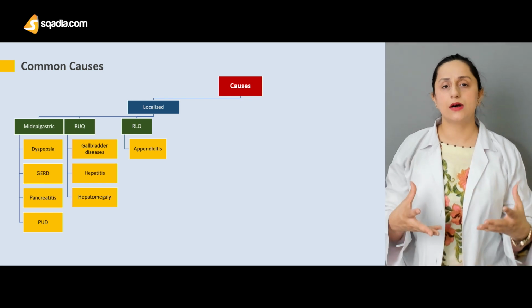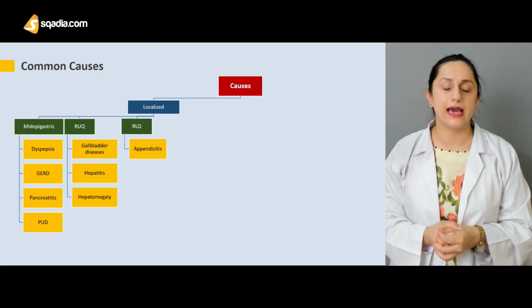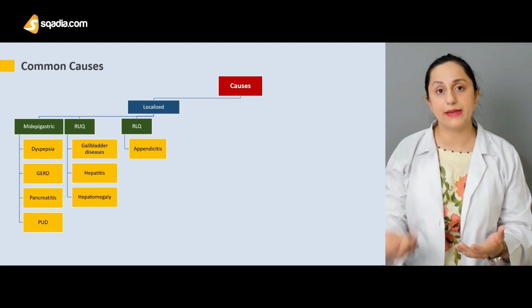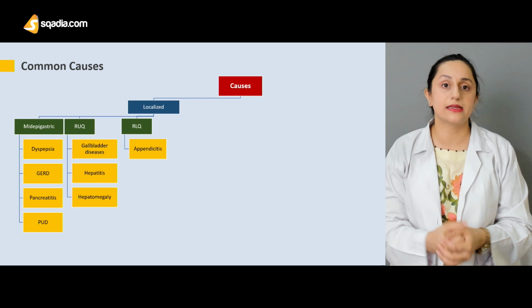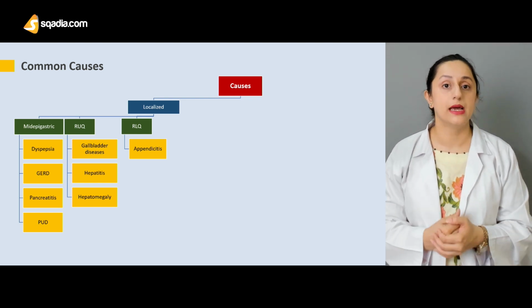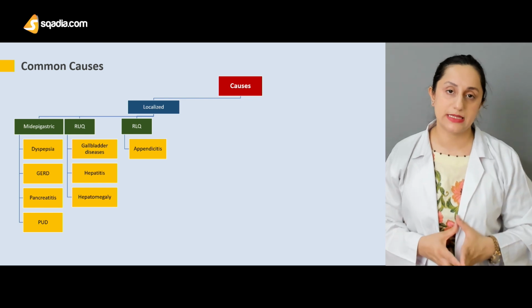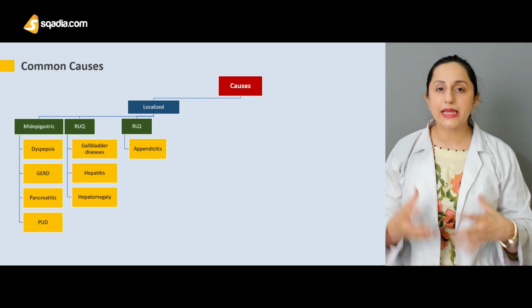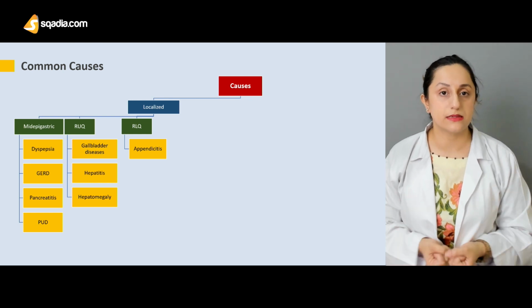Even for children, as we just studied in the case study of Blake, we went through the fact that he was also suffering from abdominal pain, and from time to time it can be suggestive of appendicitis, and we can be suspicious that Blake might be suffering from a recurrent appendicitis.